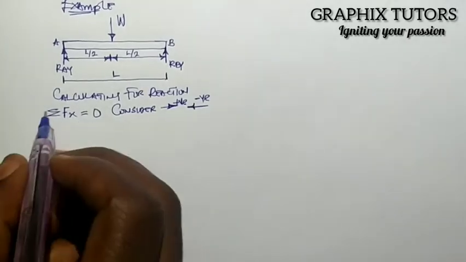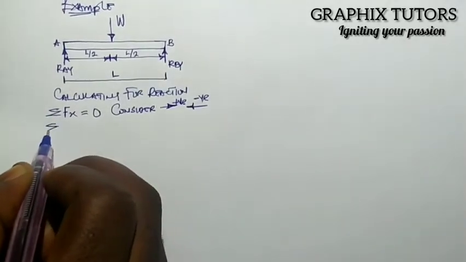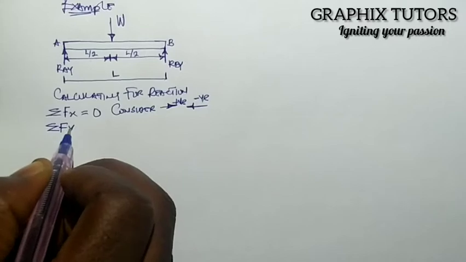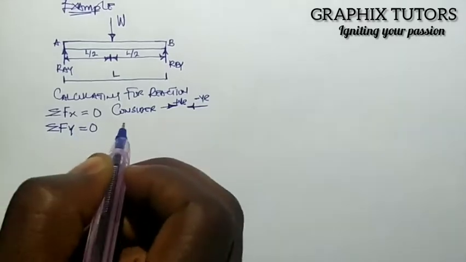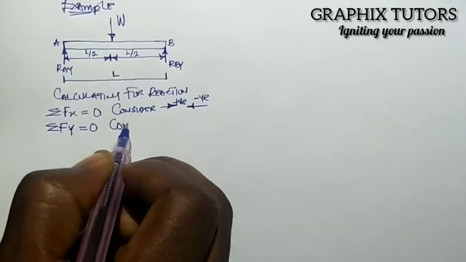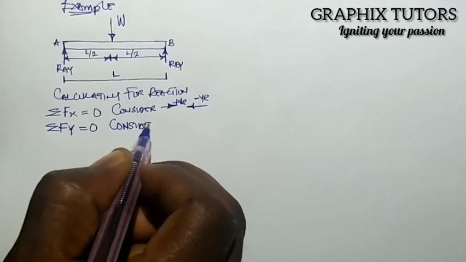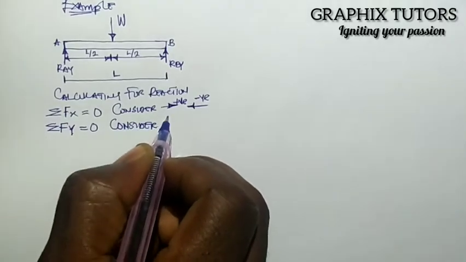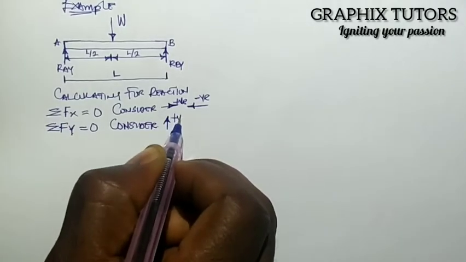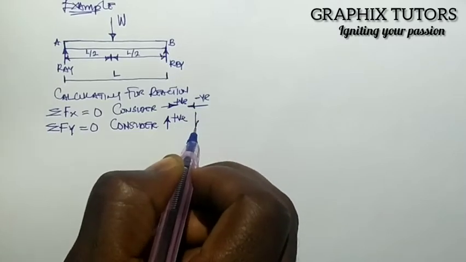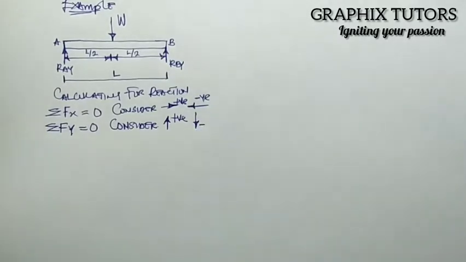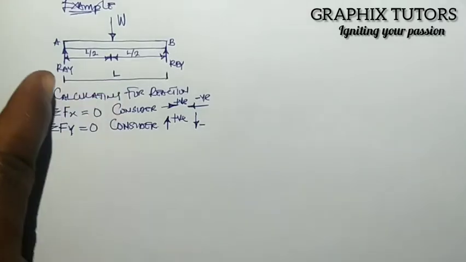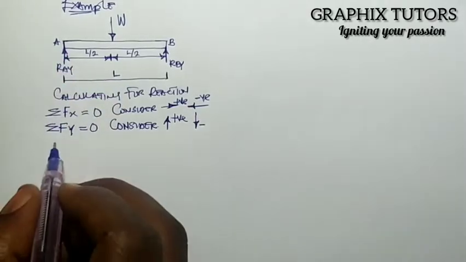Now the next thing is the summation of Fy equals 0, and we consider upward force to be positive and downward force to be negative. Our two upward forces here are RAY and RBY.